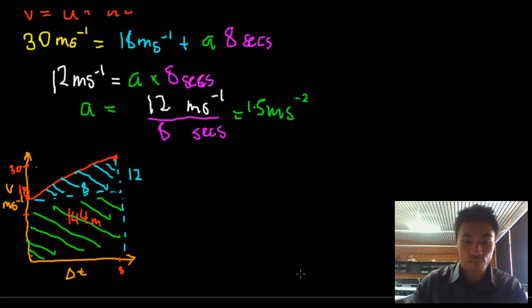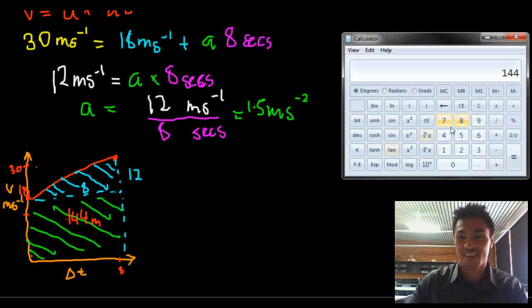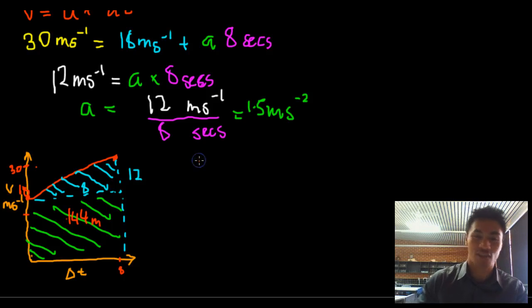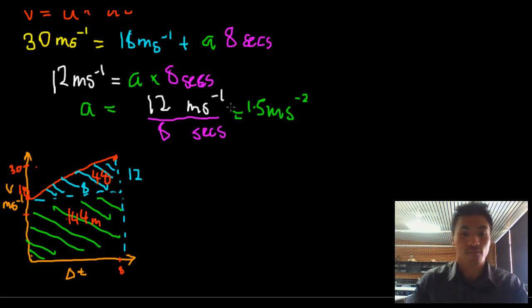Let me just check that. 4 times 12 is 48. Yes, I was correct. Just to check, just in case. Alright, so our area under that is 48.